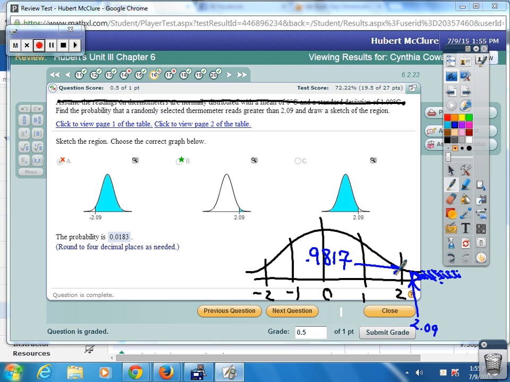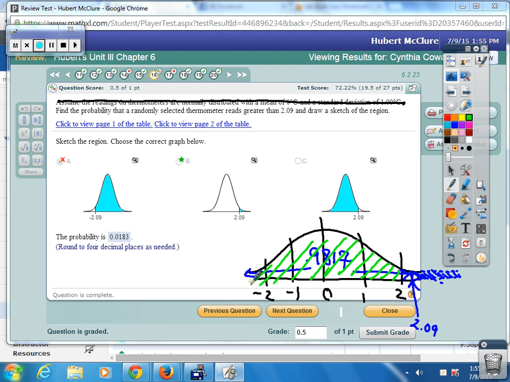From here to negative infinity, that point right there is 0.9817. So at 0.9817 is this area right here.